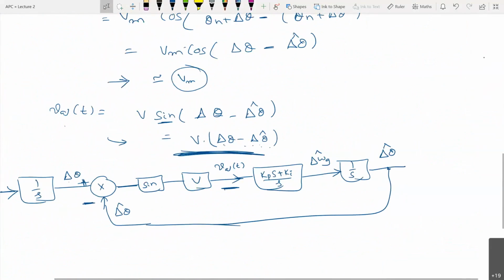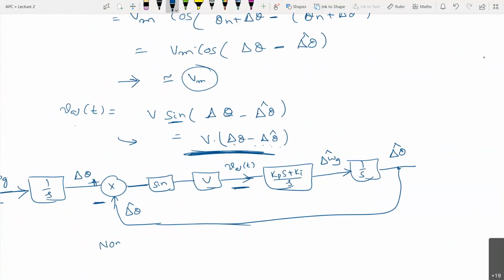So this one is actually a nonlinear model. So why is it nonlinear? Because of the sine term. So we can approximately make this linear. Since whatever these values delta theta and delta theta dash are, we already assume they are very small, we can actually remove this sine component so that it will become a linear one.